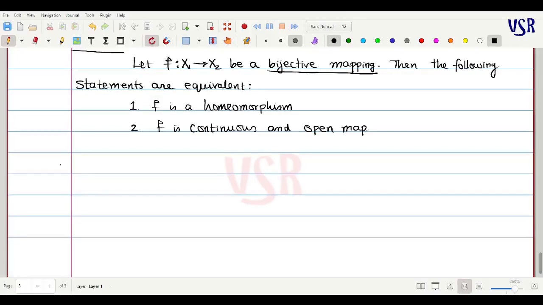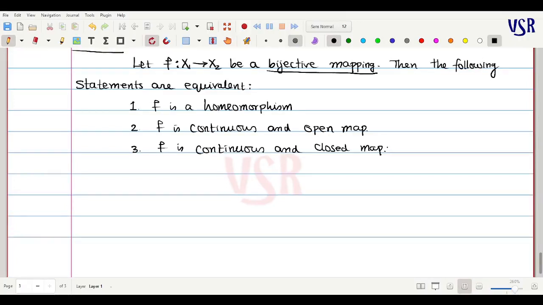Number 3, f is continuous and closed map. So f is a homeomorphism if and only if f is continuous and open, and if and only if f is continuous and closed. These three conditions are the same.